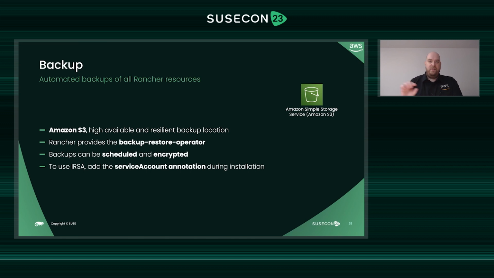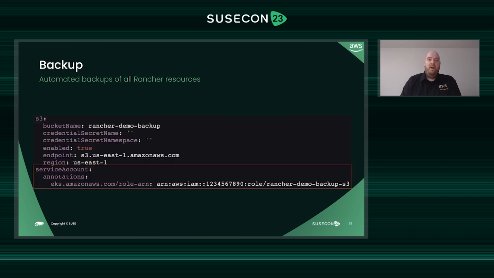The service account annotation that we need to actually use IRSA instead of an access key can be set when we install that operator via a Helm chart. And that's how it looks. It's about adding 3 lines, and that's enough to enable IRSA for the backup operator.